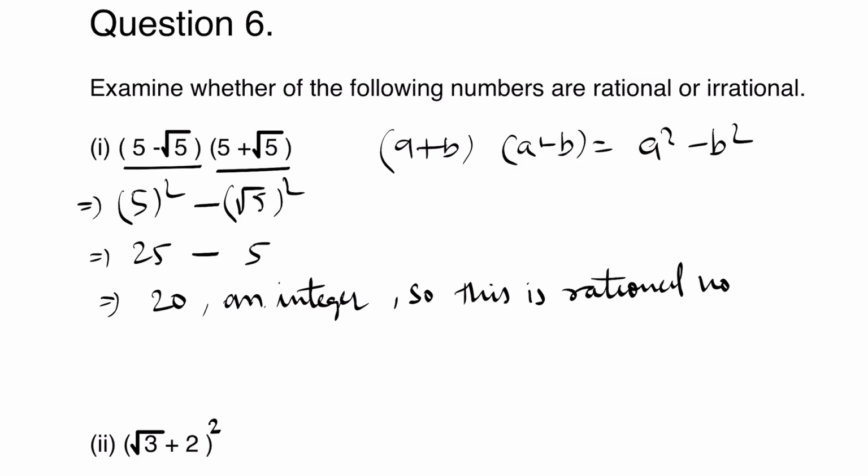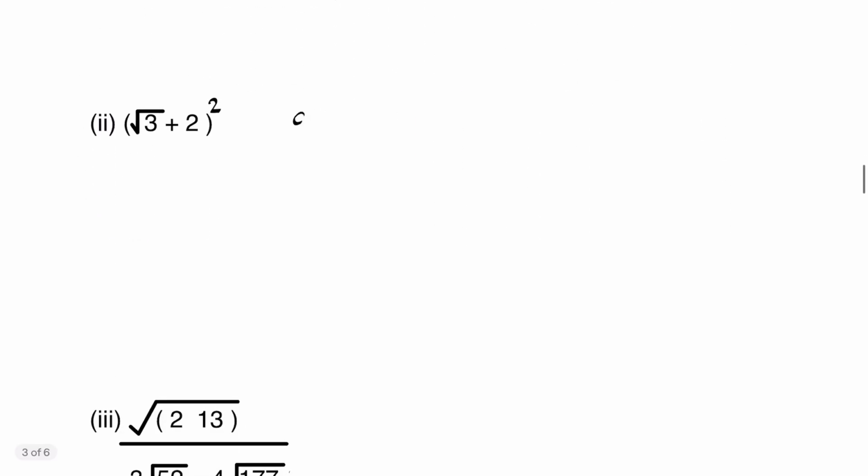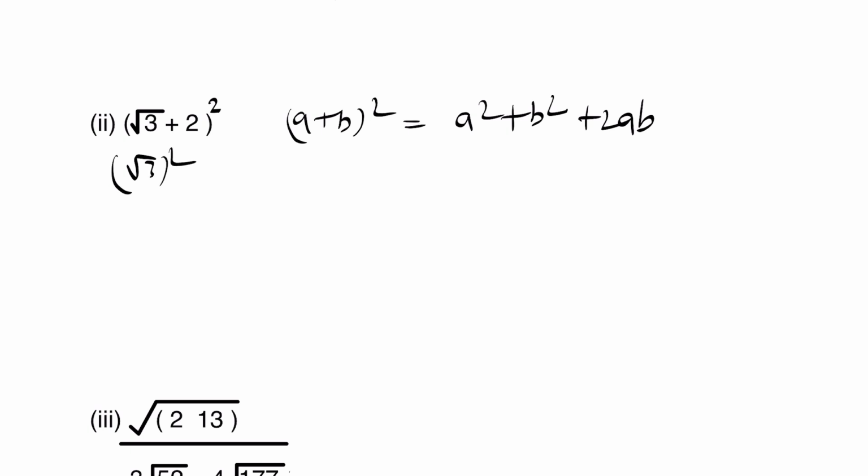Okay, rational number. Now this is in the form of a plus b whole square, which is equal to a square plus b square plus 2ab. So root 3 square is a, and this is b, 2 square, plus 2 multiply root 3 multiply 2.